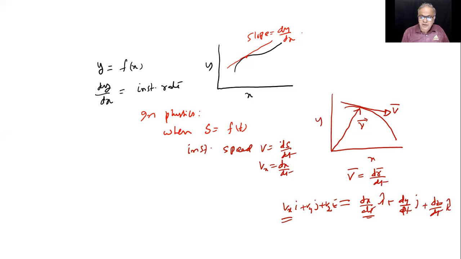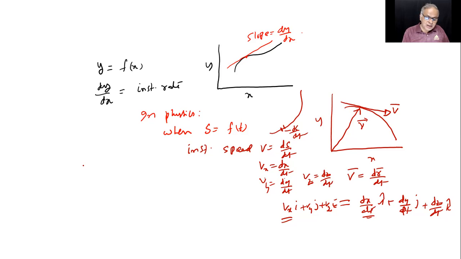This v equals ds by dt can be used simply for any path. This is ds element and ds by dt we do for speed. But for velocity, we need to take components individually. vx equals dx by dt, vy equals dy by dt, vz equals dz by dt.